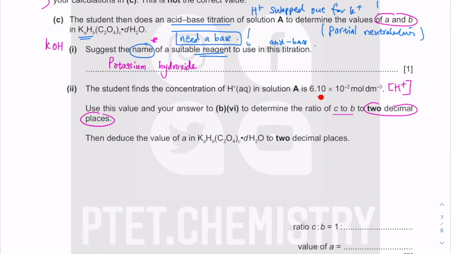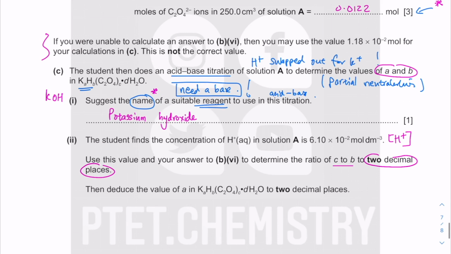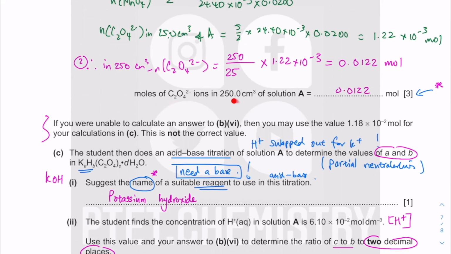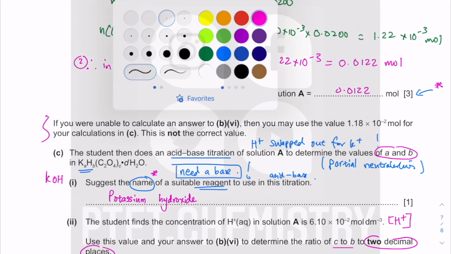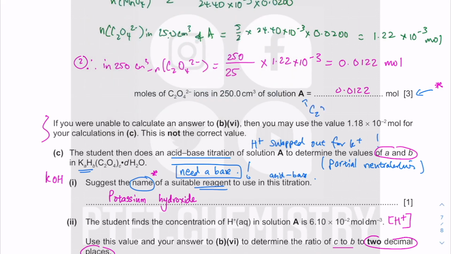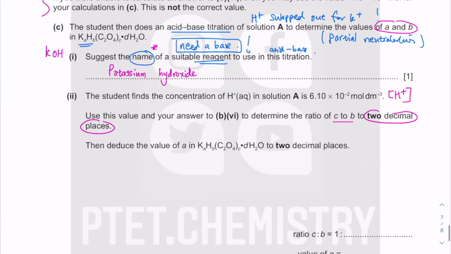So I have the concentration of H+. Do I have the concentration of C2O4 2-? I have the mole of it in 250 cm³ of solution A. So I am able to work out the concentration, because this is how much mole in 250.0 cm³, and this is for the ethanedioate ion, C2O4 2-.